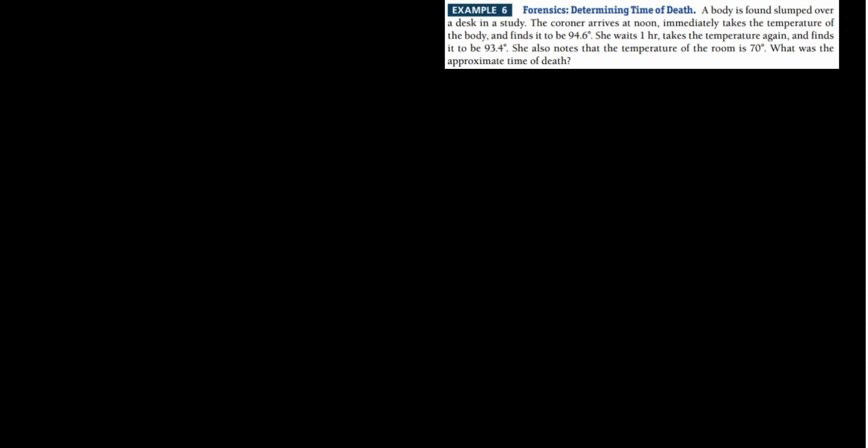All right, so in order to figure this out, we have to use our formula from before, which is T of t equals A e to the negative kt plus C. Let's go through the unknowns here: one, two, three, four, and five unknowns.